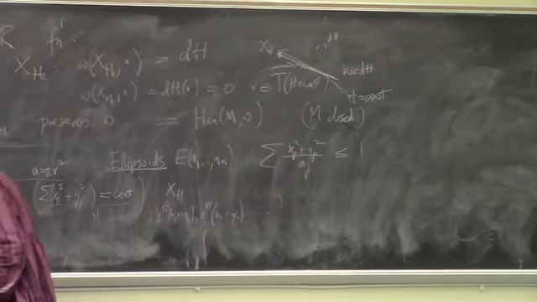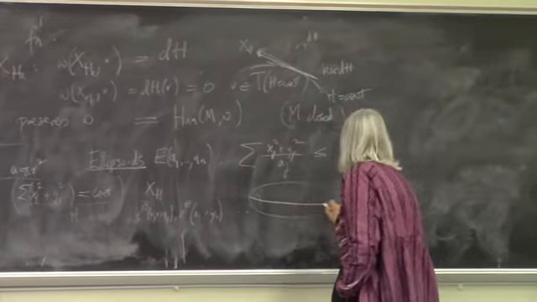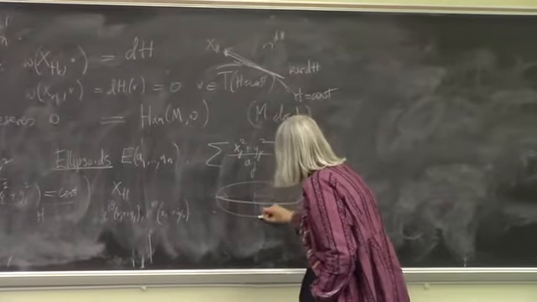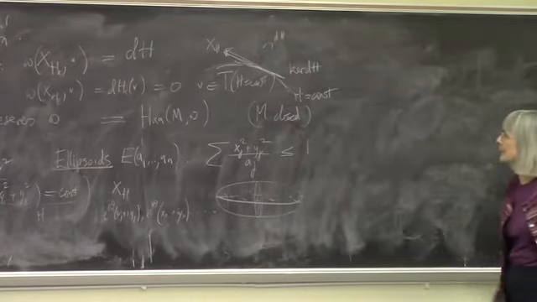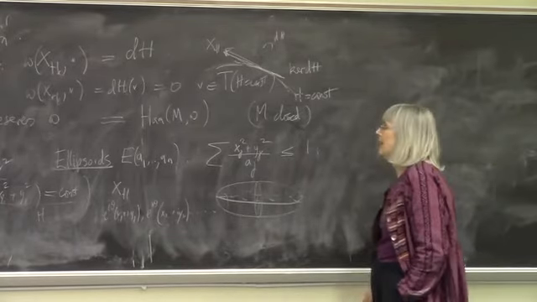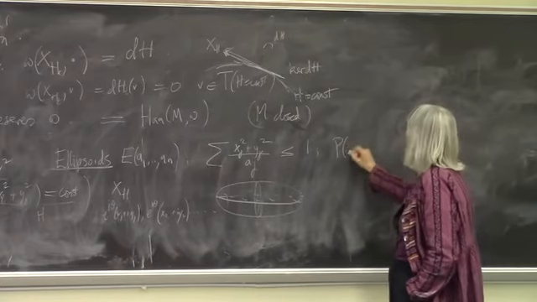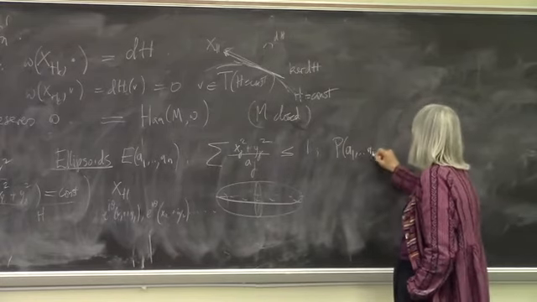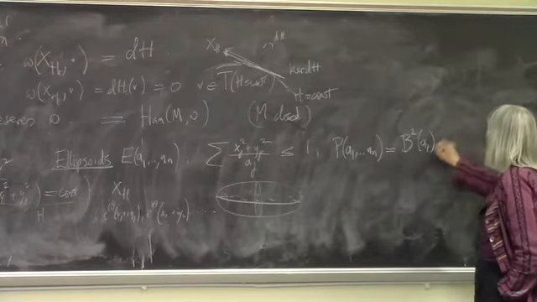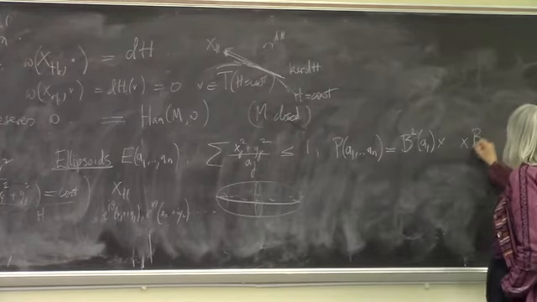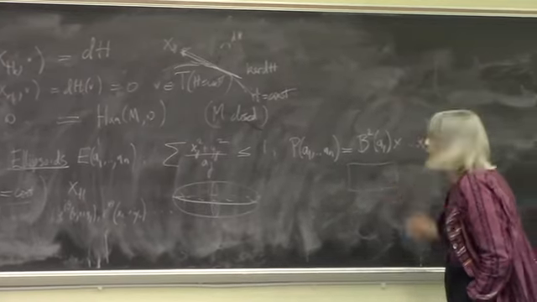It would look like this, having one thing like that and another one like that. So that's another kind of thing you could take. And another thing that people look at, the next easiest thing, is what's called a polydisk, which is just the product of two-dimensional disks. So this is more like a sort of square shape.